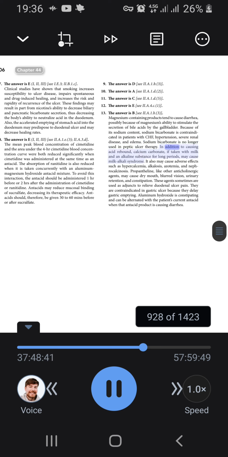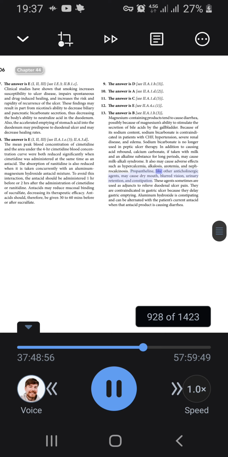In addition to causing acid rebound, calcium carbonate, if taken with milk and an alkaline substance for long periods, may cause milk alkali syndrome. It also may cause adverse effects such as hypercalcemia, alkalosis, azotemia, and nephrocalcinosis.